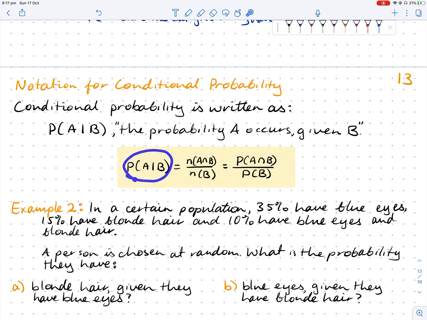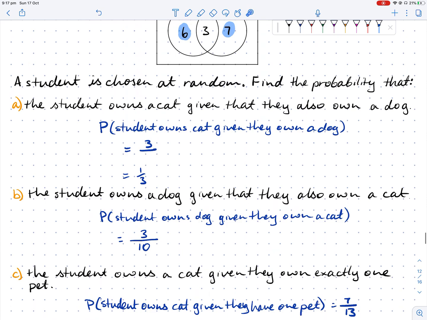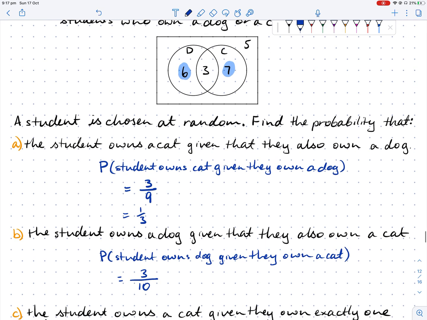When we go to work this out as a formula, the probability that A occurs given B is the number of ways that both of them are occurring over the number of ways that B occurs. If we go back up to these questions, that was pretty much what we saw here.